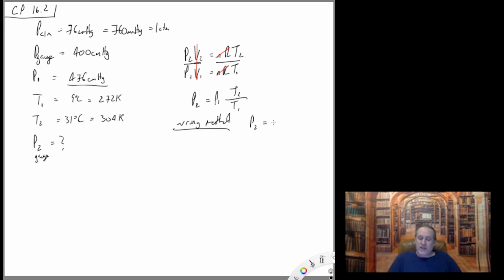And that would be to just put in the 400 centimeters of mercury times 304 over 272 and see what we get. So don't even write the wrong approach down. We get 447 centimeters of mercury. Okay, so we might think, since we started with gauge pressure and they're asking us for gauge pressure, we could just use gauge pressure. But it doesn't work that way.